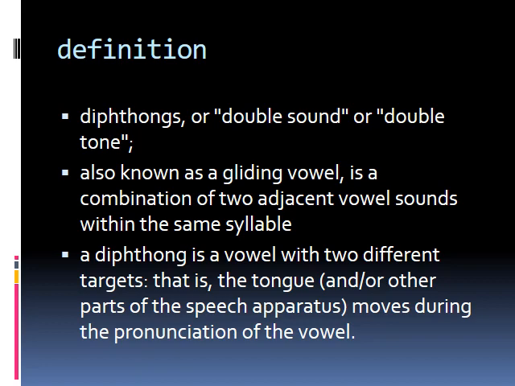A diphthong is a vowel with two different targets, that is, the tongue or other part of the speech apparatus, especially the tongue, moves during the pronunciation of the vowel. So when you do the diphthong, your tongue is going to move from one vowel to the other vowel.